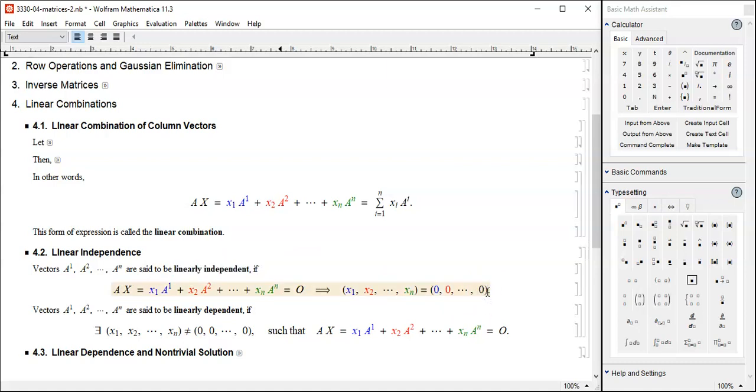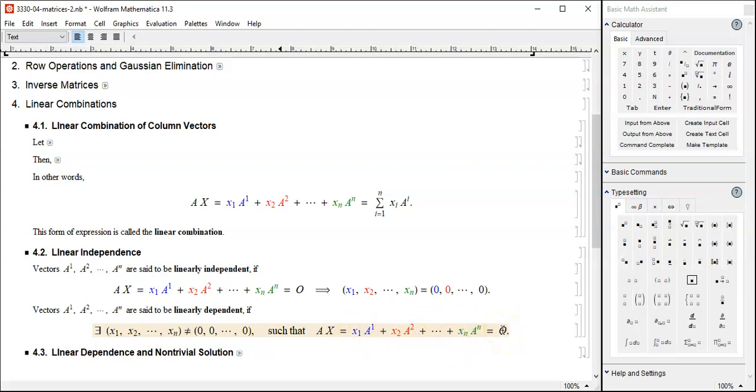Now what if we don't have to have all 0? There is a nice sequence x1, x2, all the way to xn, not all of them 0, maybe just 2 of them 0, maybe 17 of them 0, maybe all of them non-zero, whatever. At least one non-zero, that much is necessary. Yet still, x1a1 plus x2a2 and so on, plus xnan is equal to 0.